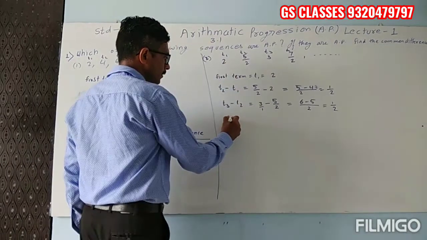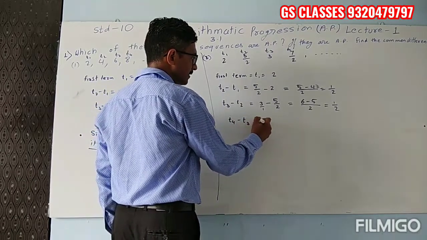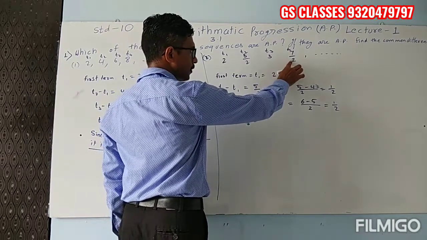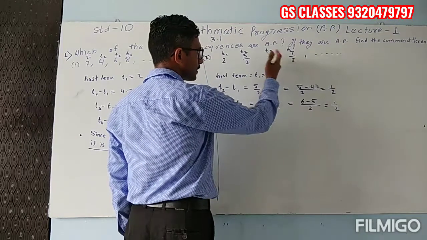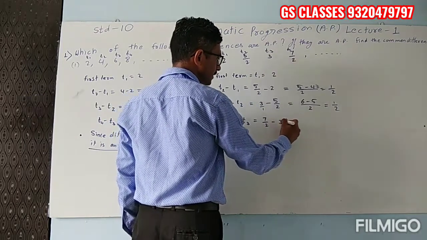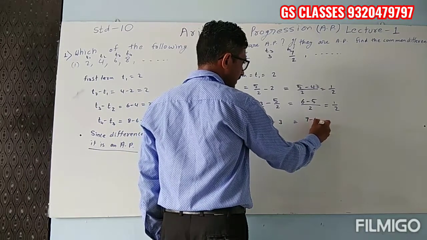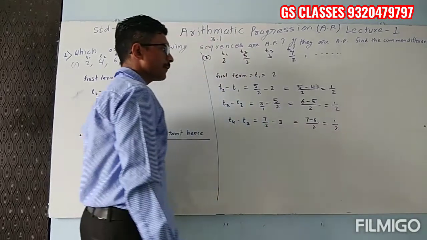T4 minus T3, T4 minus the previous term. What is T4? 7 by 2. What is T3? 3. 2 3 ja 6. 7 minus 6 by 2. Again it comes out as 1 upon 2.